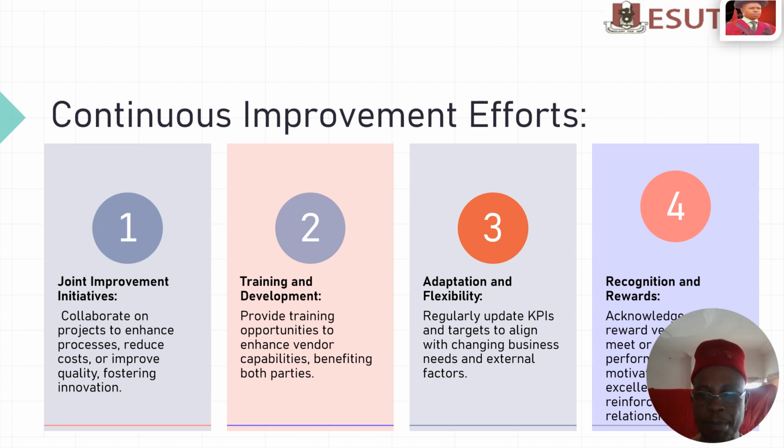Enhancing the vendor's capabilities can directly benefit your organization. Adaptation and flexibility. As business needs and external environments change, regularly revisit and adjust the key performance indicators and targets to stay relevant and effective.